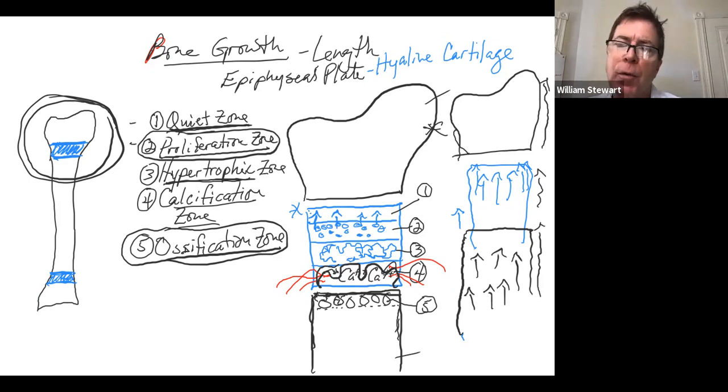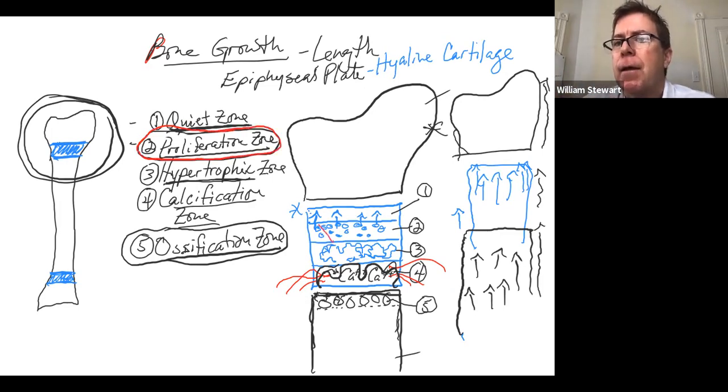At the end of puberty, so we're growing since we're born, we're going through childhood, adolescence comes, we get our growth spurt during puberty, which just means a really high rate of growth activity. And I'll talk about that later. But at the end of puberty, hormonal signals tell this area, the proliferation zone in the epiphyseal plate, to stop.